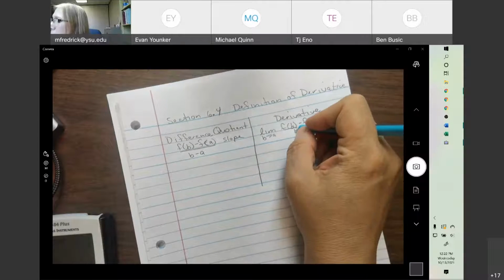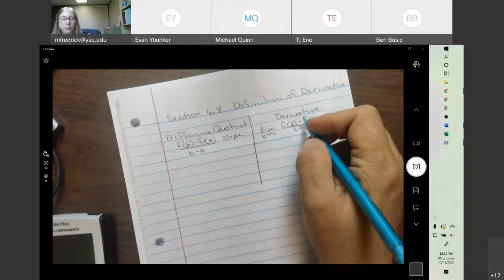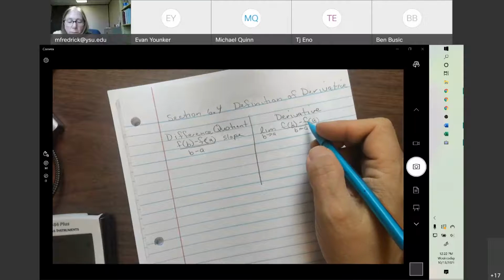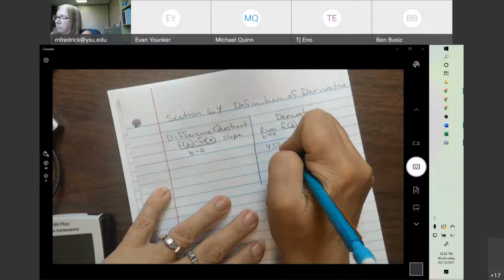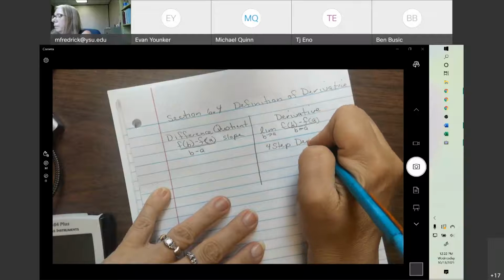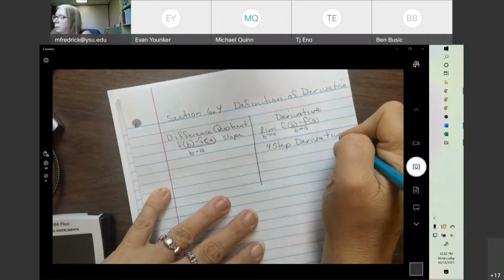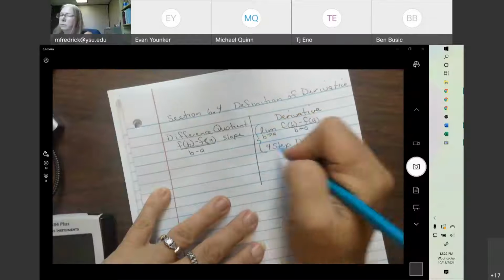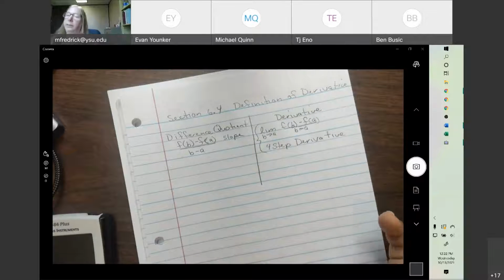Those are the two problems we just looked at. Now in this section for the derivative, it shows a 4-step derivative. I'll give you the steps in a minute, but so there's 2 different ways of getting this. And then in the next chapter, we learn another way.